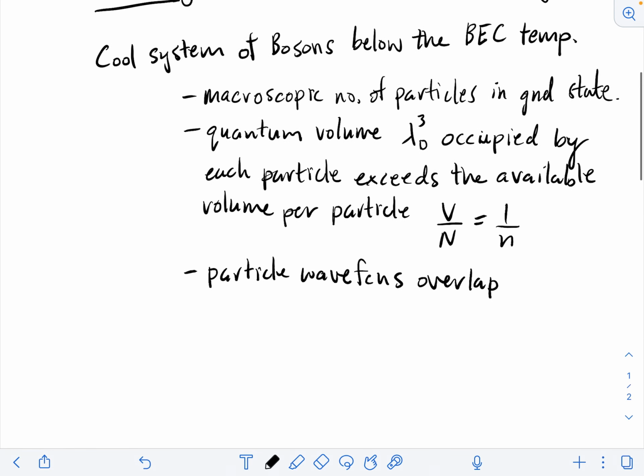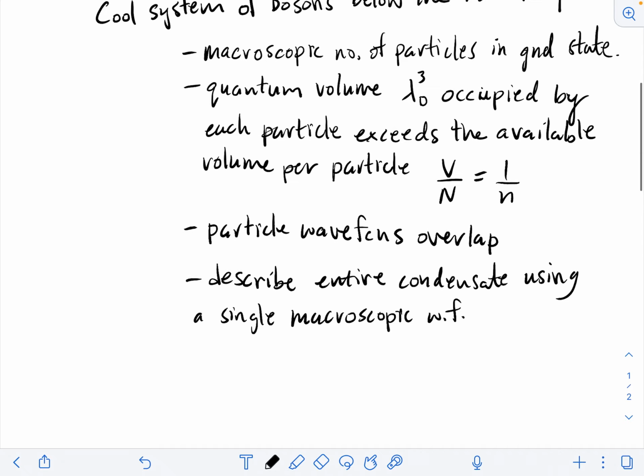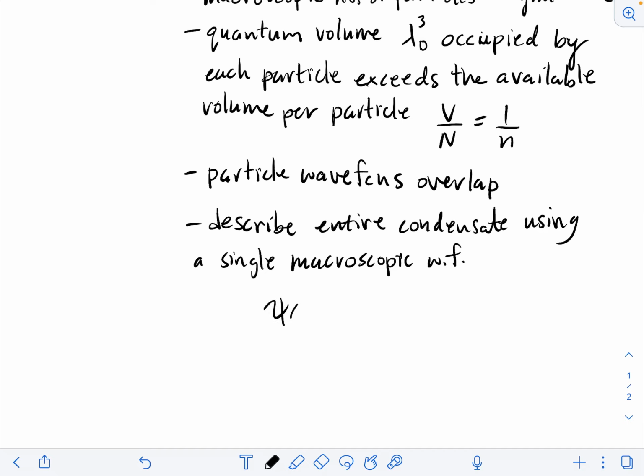And then what we attempt to do is to describe the entire condensate, which can be made up of a huge number of particles, using a single macroscopic wave function. Okay, and so that wave function has some amplitude and some phase.